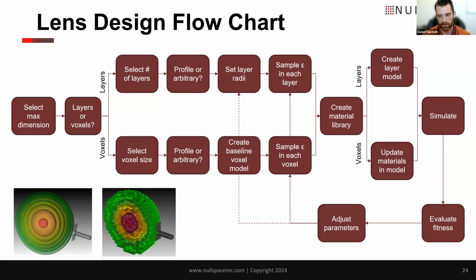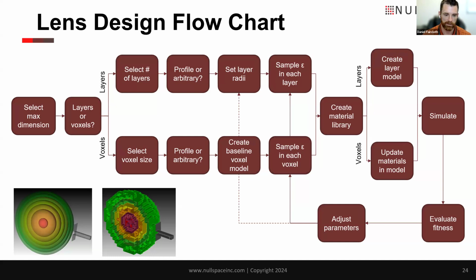So in the case of voxels, literally just a geometry of voxels. And we're going to sample the permittivity in each of those voxels, create a material library very specific to that selection. And then that goes into the design loop where we're now updating the materials in the model, performing a simulation, evaluating a fitness function, and then adjusting those parameters.